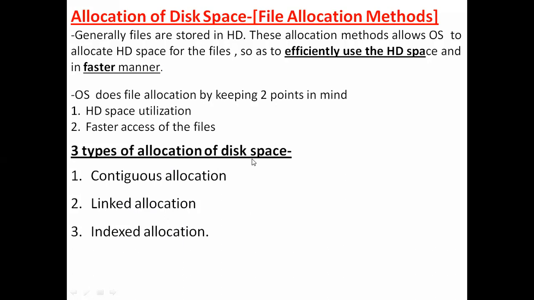As I told you, you should also concentrate on the heading. The heading here is allocation of disk space, or in other words, it can also be called file allocation methods. In the examination, they may ask you to explain the different types of file allocation methods, or the same question can be asked another way, for example, explain the three types of allocation of disk space.